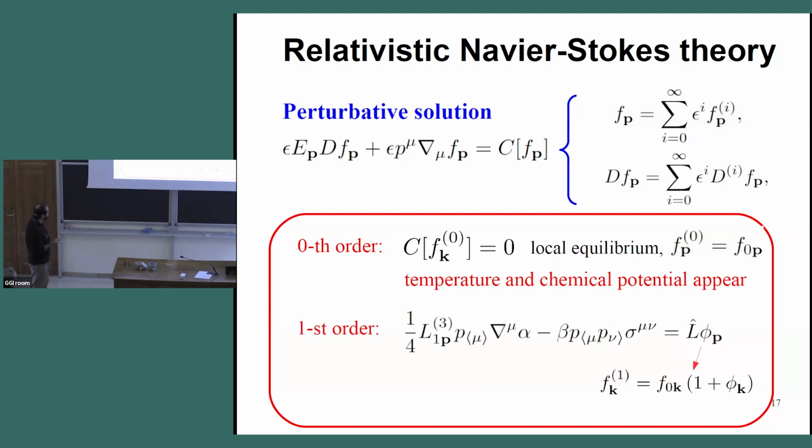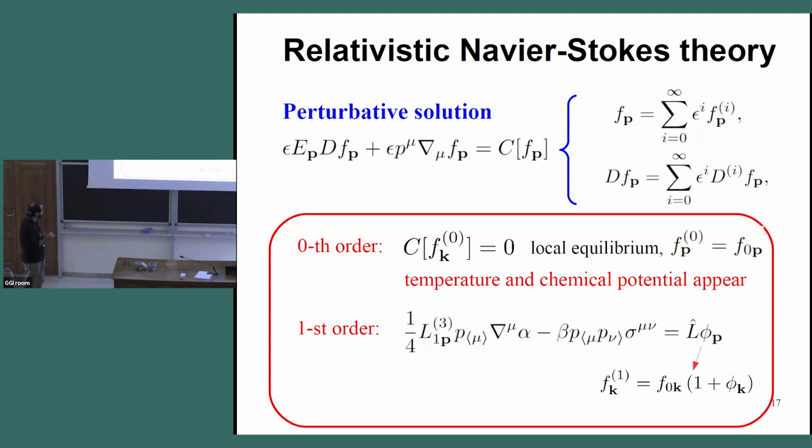Then to first order, you have to solve some equation like this one. There's some notation here, and this is a mistake, there's no 1 here. This phi is just the first order correction over equilibrium. On the right-hand side, you get exactly this linear collision term applied to this function phi, which is what you want to find out. On the left-hand side, you usually get just space-like gradients of your fluid dynamical variables. So you get the gradient of chemical potential over temperature here.